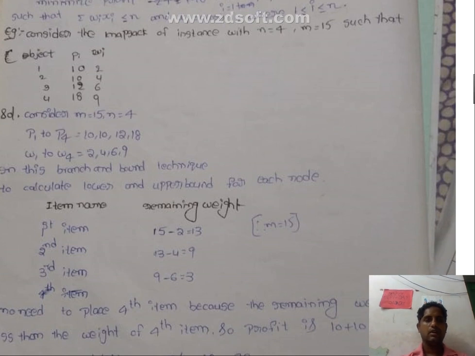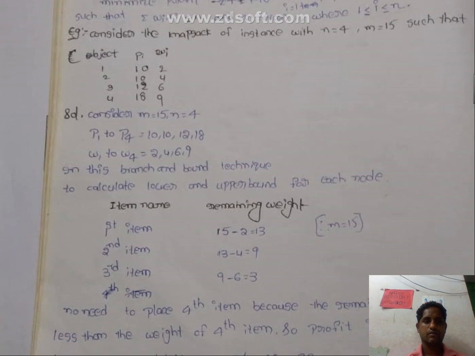Take an example. Consider a knapsack instance with n equal to 4, m equal to 15. So here we have 4 objects, total capacity equal to 15, and the assigned profits and weights are: for the first object P1 equal to 10, W1 equal to 2, P2 equal to 10, W2 equal to 4, P3 equal to 12, W3 equal to 6, P4 equal to 18, and W4 equal to 9.